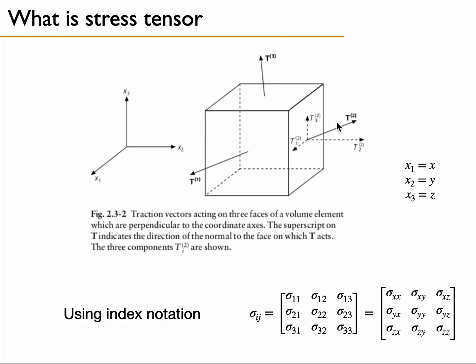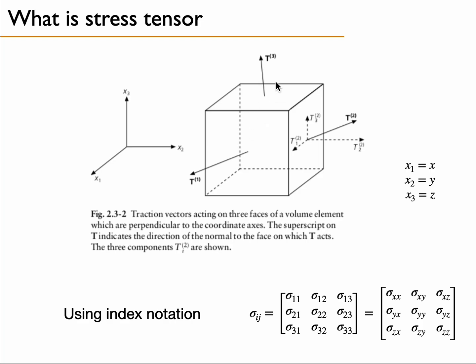One can decompose a traction acting on a face in the three dimensions of the space defined by x1, x2, x3. So for example, traction 2 here is decomposed into traction 1, traction 2, and traction 3. The same applies for traction 3 and traction 1.